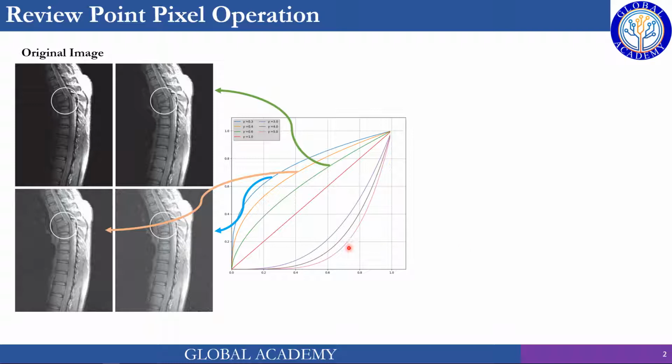So now a radiologist can identify spinal injury, which was initially hidden in the darker shades, originally represented using a narrow range of darker shades, which are then enhanced. And the image gets brighter and brighter with smaller values of gamma.